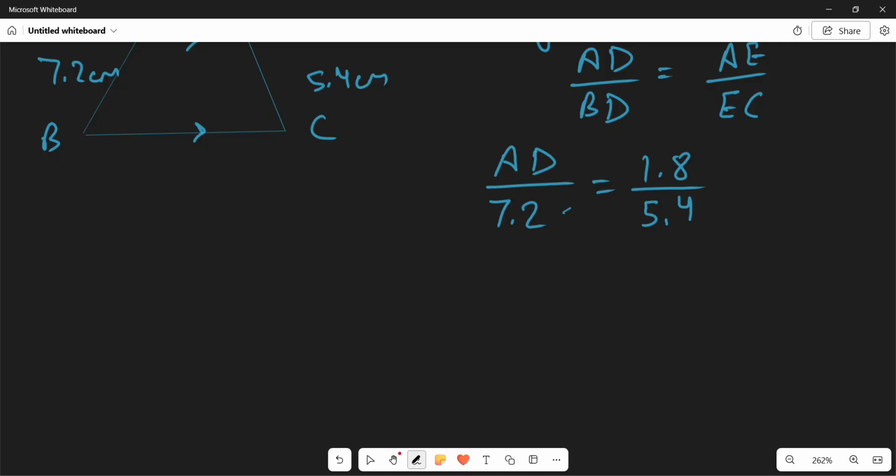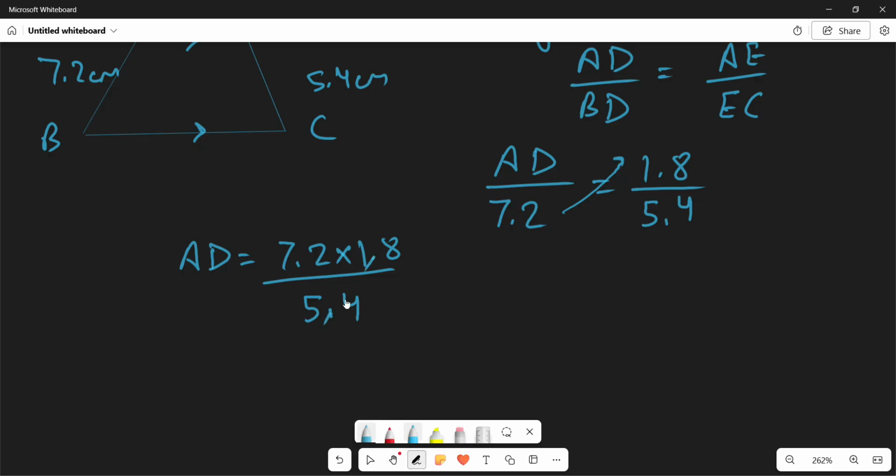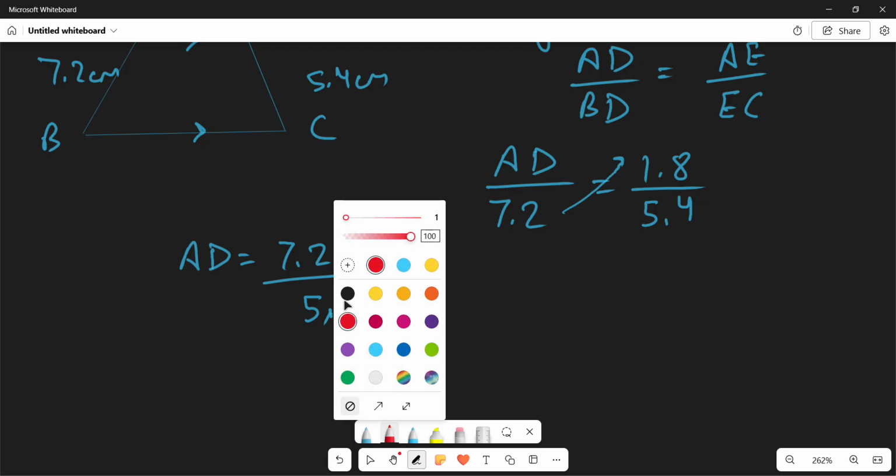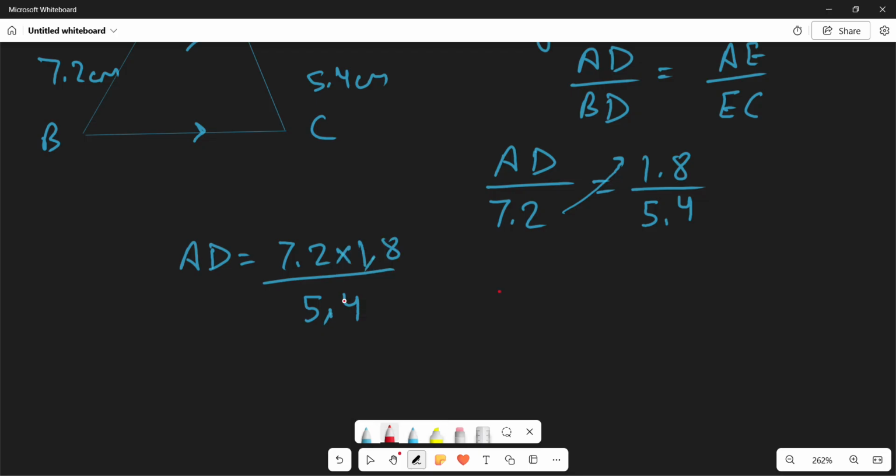Now I'll make the ratios. So first I'll cross multiply, so it becomes AD equals 7.2 into 1.8 divided by 5.4. I'll cancel out the decimal points, so it becomes 18 upon 72. So 18 ones are 18 and 18 threes are 54.